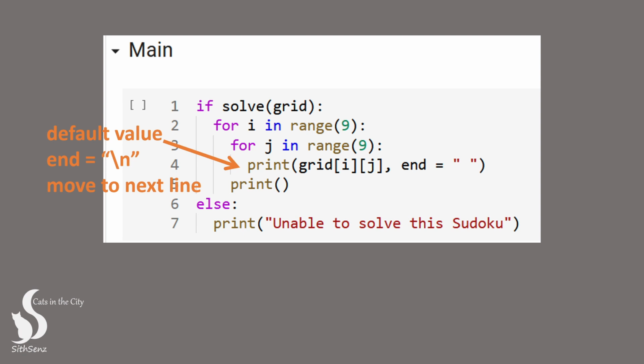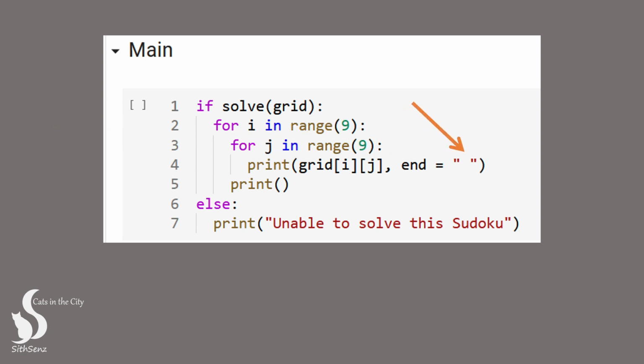However, in our program, we are iterating through the values of j, to print the values of the cells in the same row. To achieve this, we set the end parameter to a space character, which means that after printing the value of the current cell, the output will not move to the next line, but will continue on the same line with a space character in between.